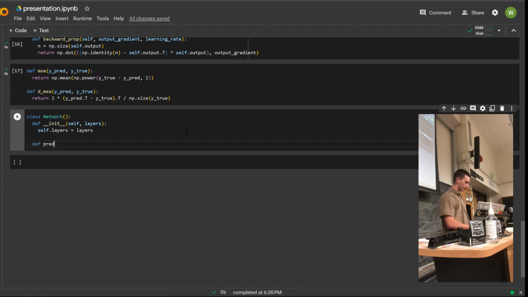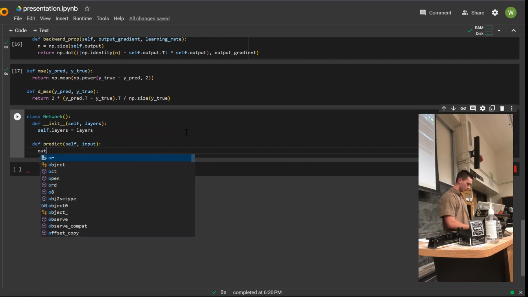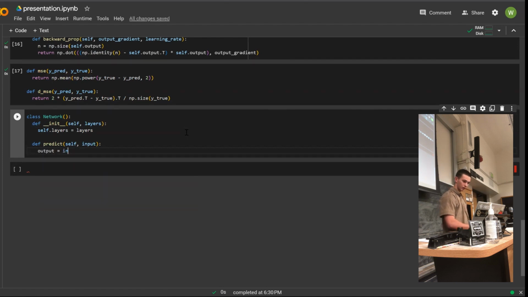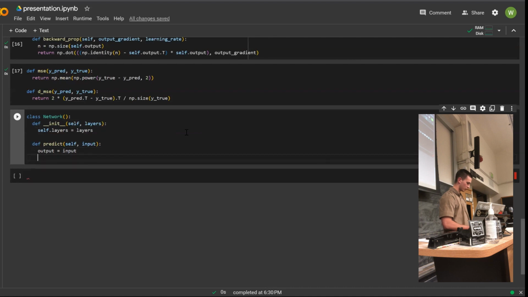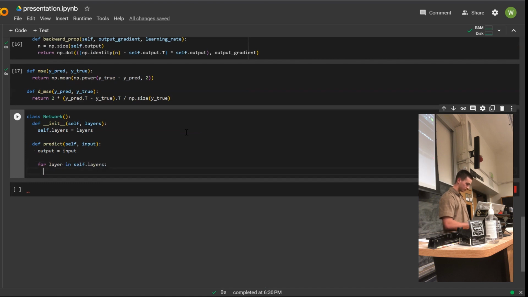Okay, so I'll define this predict function, and this is going to have two uses. So I'll initialize our output to equal our input, and then we're going to loop through the layers and continuously update our output.